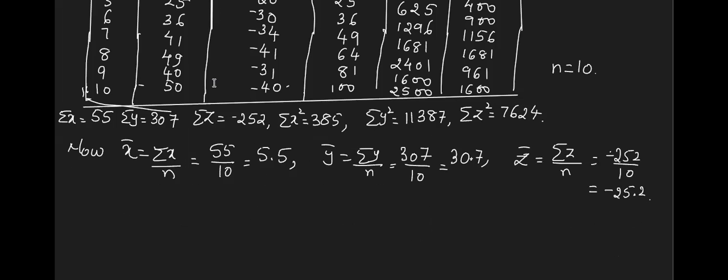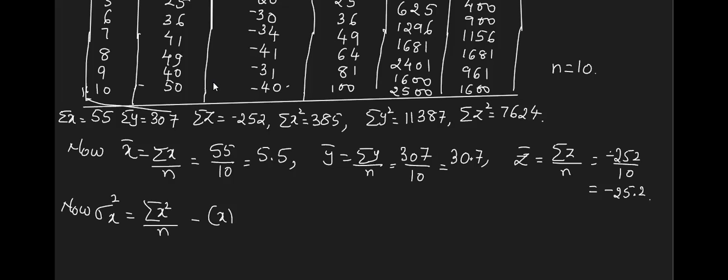After this, can we calculate sigma square variance values? Now sigma square x. Can anybody tell me the formula? Sigma square is summation of x square divided by n minus x bar square.